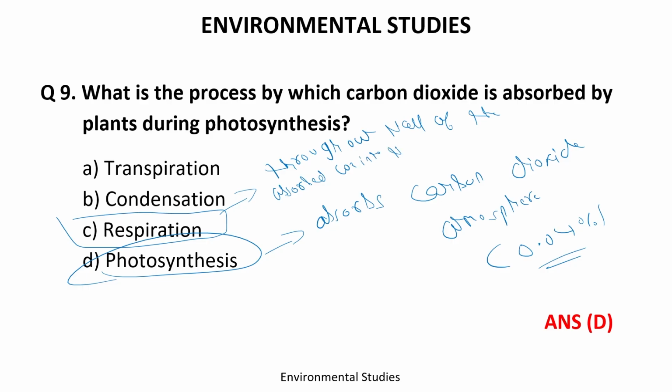Okay, so basically you can say the plants first absorb the carbon dioxide through the photosynthesis. Thereafter, they use it, and through the process of respiration, they throw out half of the absorbed CO2 into the atmosphere again. Okay, so this is the process.